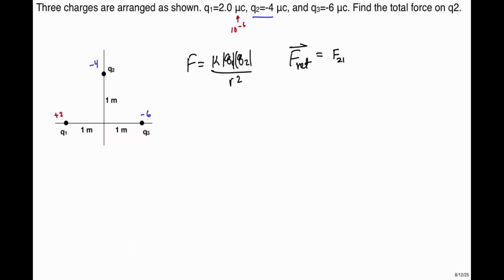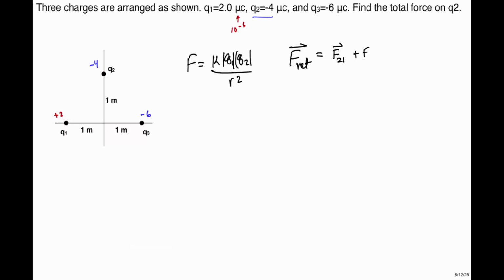That 2, 1 down there, according to your book, and I'm going to get this backwards half the time because I learned a different method, is the force on the first number because of the second number. Does charge 2 experience a force because of charge 1? Does Coulomb's law exist? Yes, right? So that's what that symbol is trying to encapsulate.